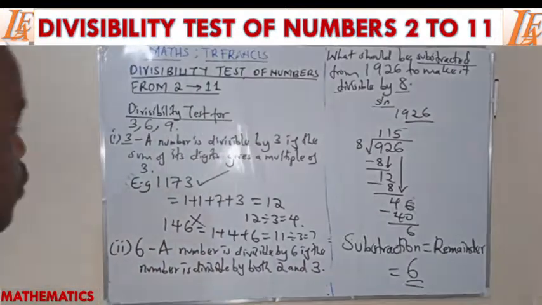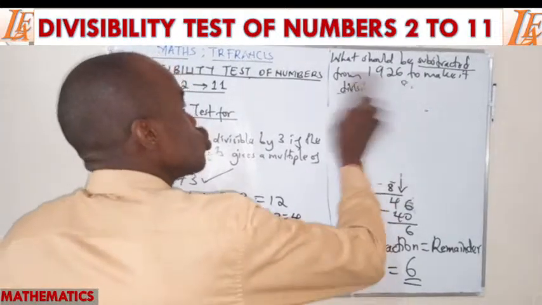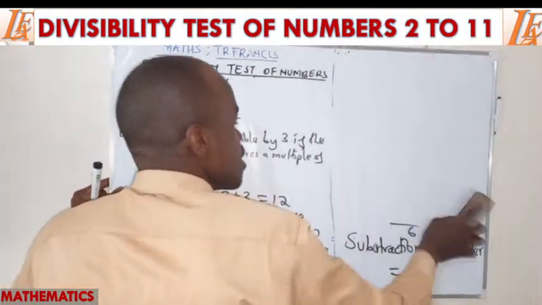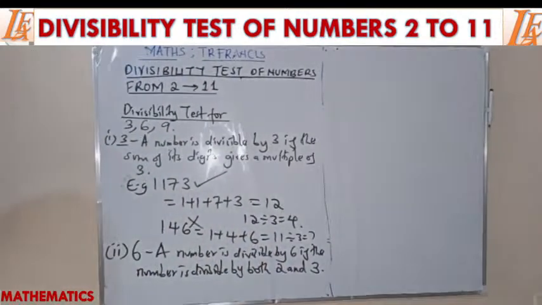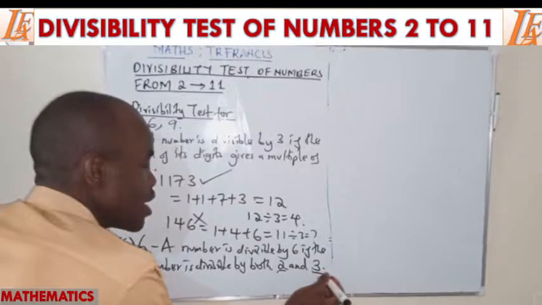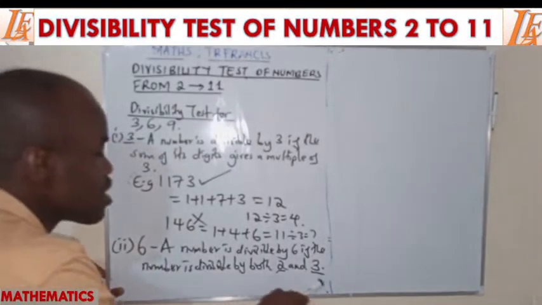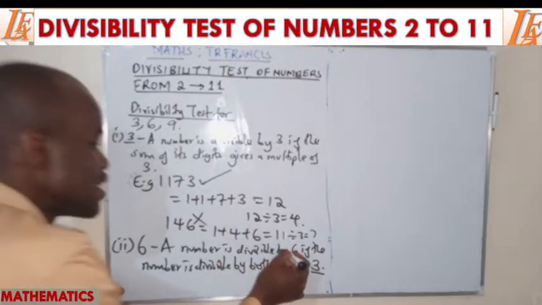So for the divisibility test for 6, you must know the divisibility test for 2 and 3. If you're given a number, you must test if the number is divisible by both 2 and 3. And if it is divisible by both 2 and 3, then the number is divisible by 6.